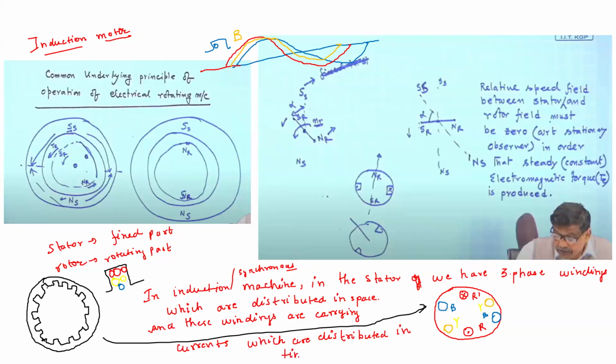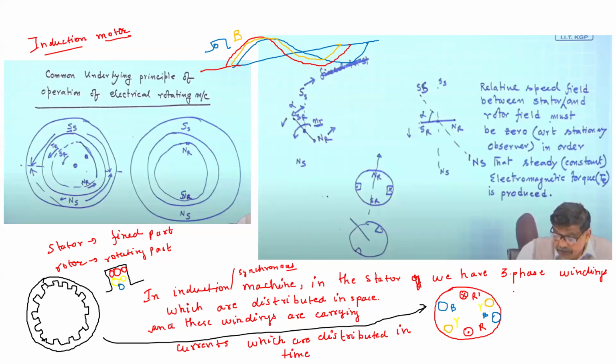Okay, so you will see how we can place the conductors in such a way that we get sinusoidal distribution in space. But you give three phase currents like this, so you have two kinds of sinusoidal distribution. One is in space, by placing the number of windings, and one is in time. In time means you are giving the three phase currents like this.